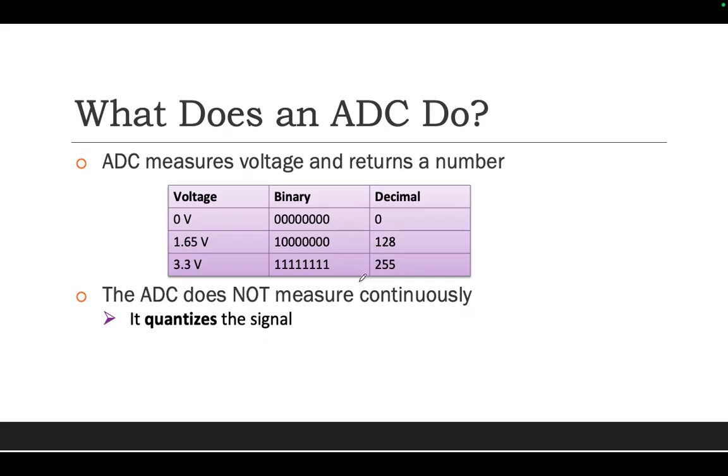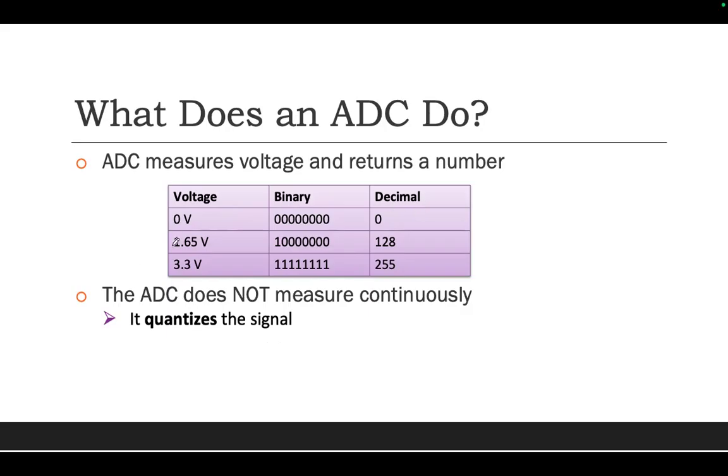An ADC measures voltage and returns a number. For example, in our lab, if our voltage is 0, then you will find your Pico W's output is all 0s in binary, and the decimal you can transfer it to is 0.